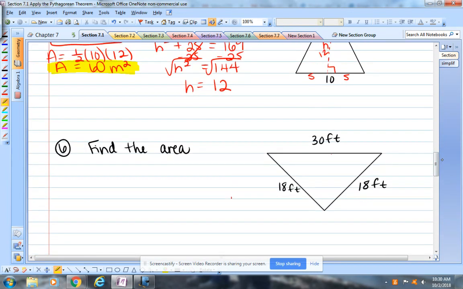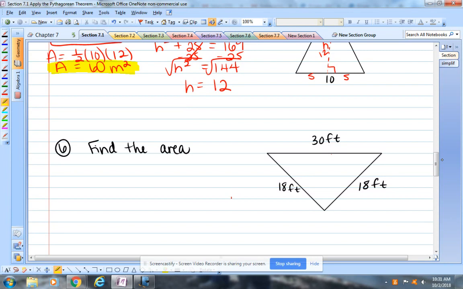Let's do it again on this one. Now this is kind of like an upside down isosceles triangle from how we usually see them. Most of the time the base is on the bottom of the triangle, but is the base on the bottom of this one? No, the base is on the top.